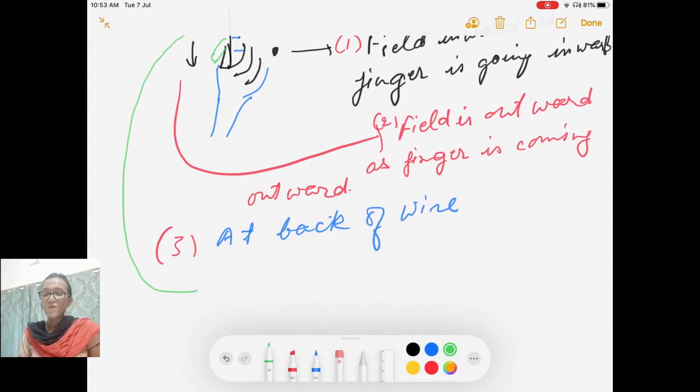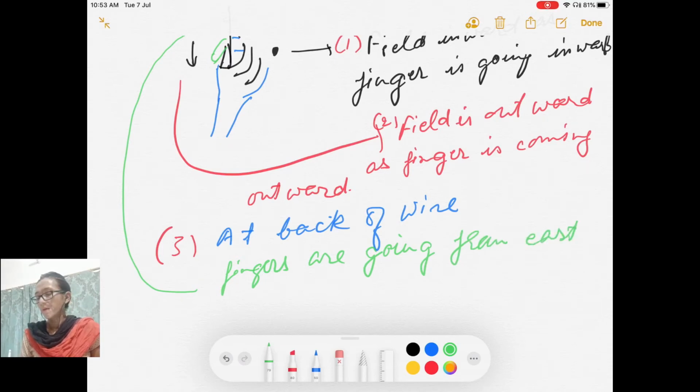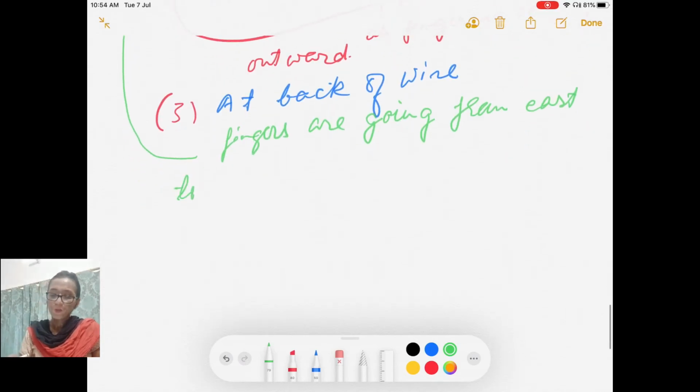The fingers are going from east to west.